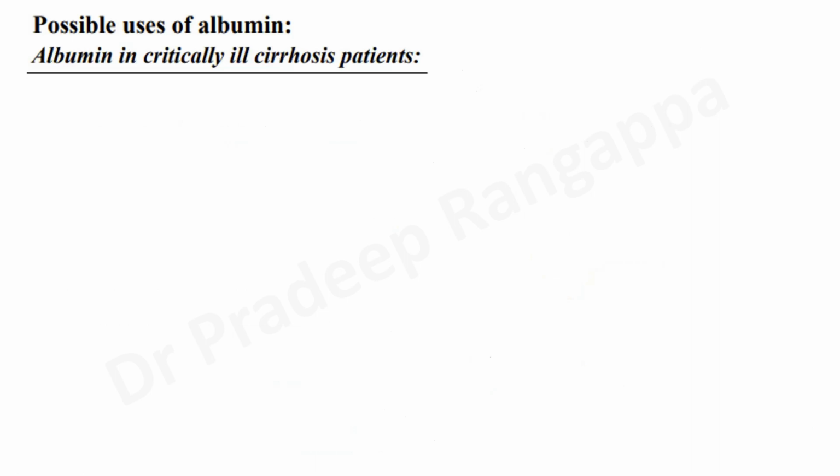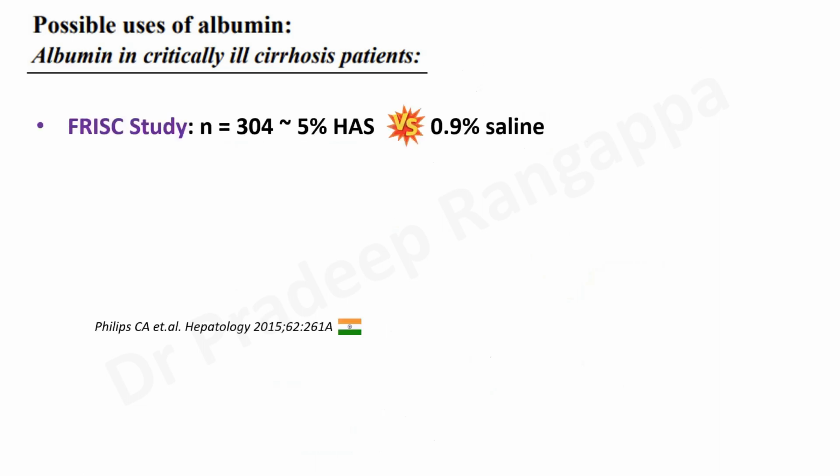So then albumin in critically ill cirrhotics: there was a very good study that again has come from India, which is called the FRISK study. FRISK is fluid resuscitation in septic critically ill patients. This was an Indian study of 304 patients. Here they have used 5% human albumin. I remember when I was in Australia, we had 4% albumin available, and we used to use that as fluid resuscitation.